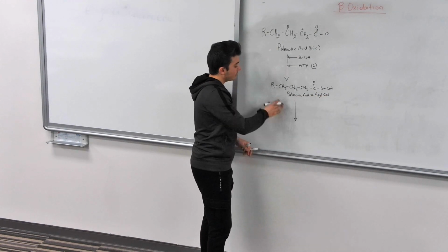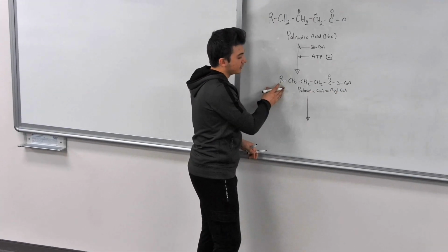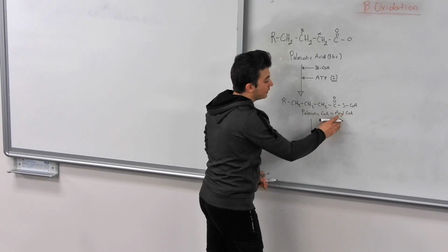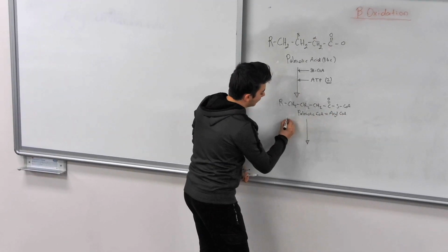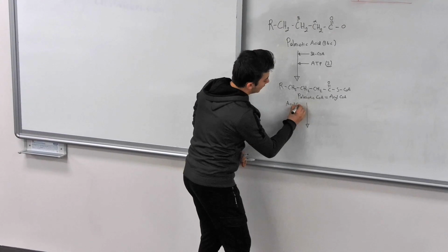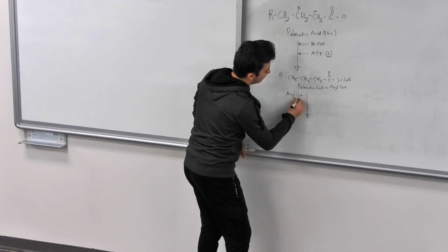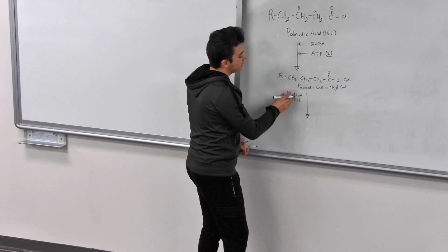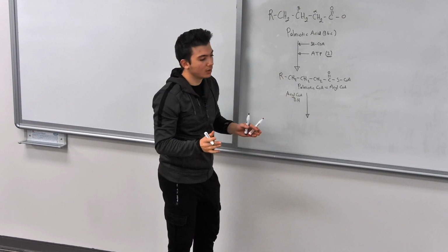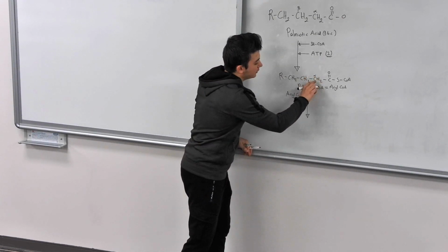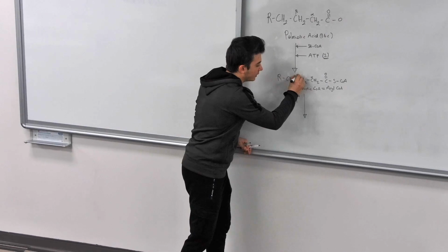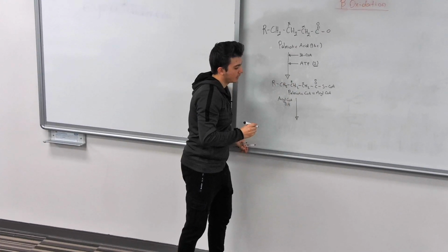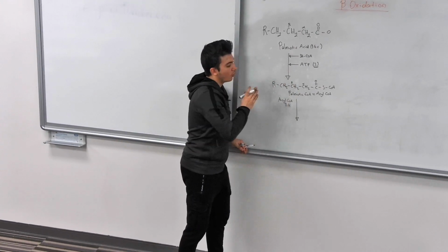So the enzyme that I need is acyl coenzyme A dehydrogenase, because I'm going to oxidize this molecule. But how? I'm going to take a hydrogen atom from the alpha carbon and from the beta carbon. So it will be oxidized.